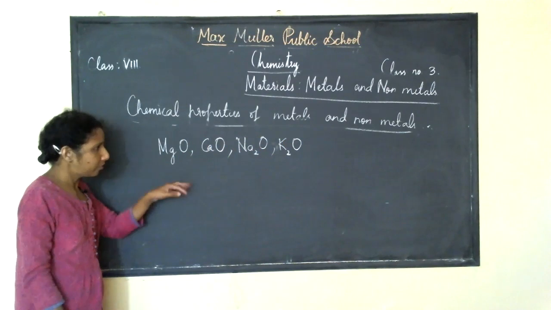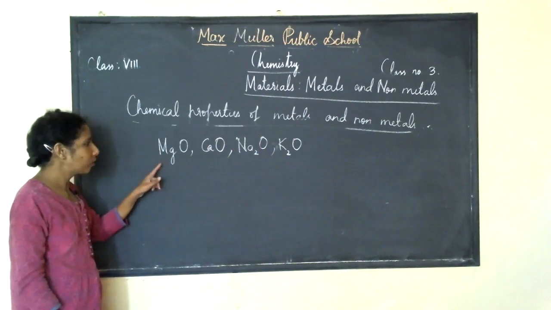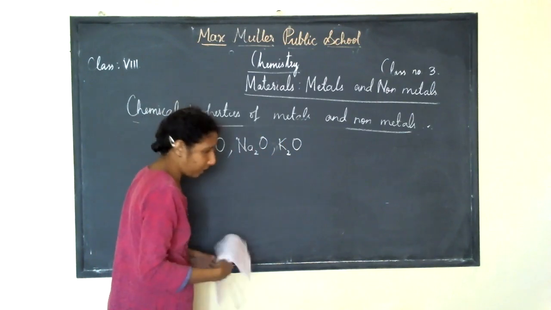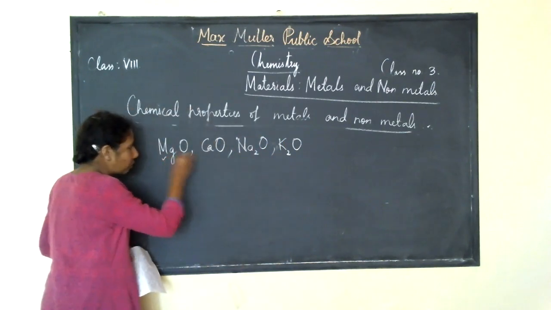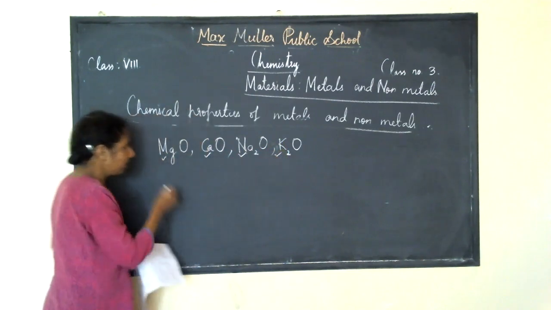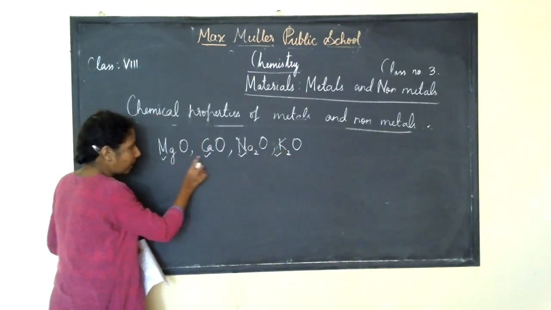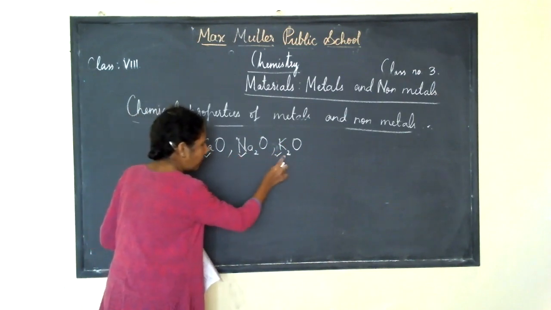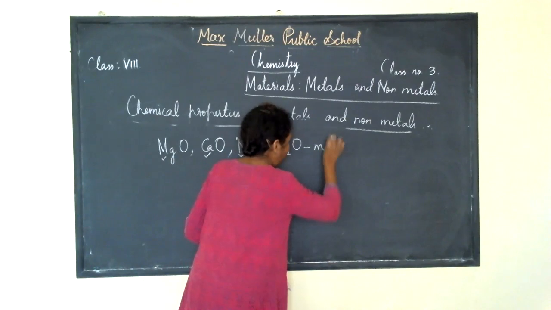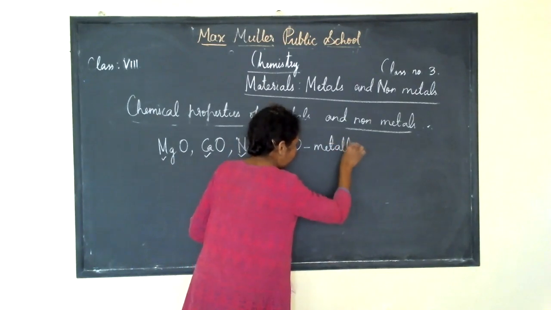If you want to write fully or if you write the formula also it's okay. What are magnesium, calcium, sodium, potassium? They are metals. Therefore, they are metallic oxides, isn't it?